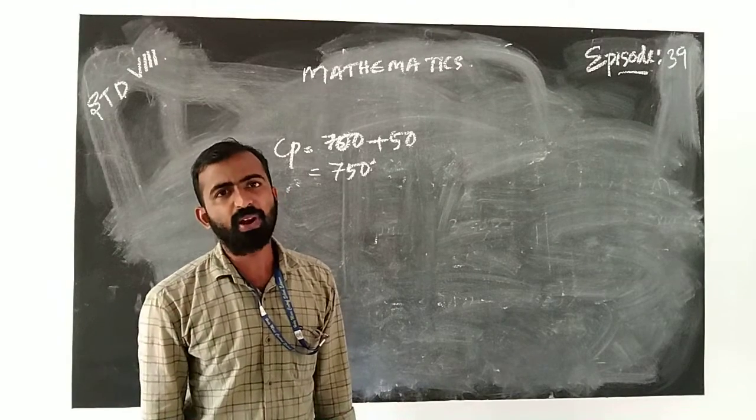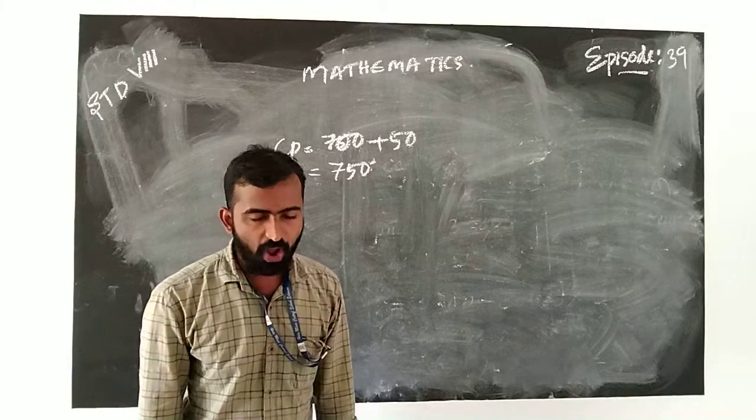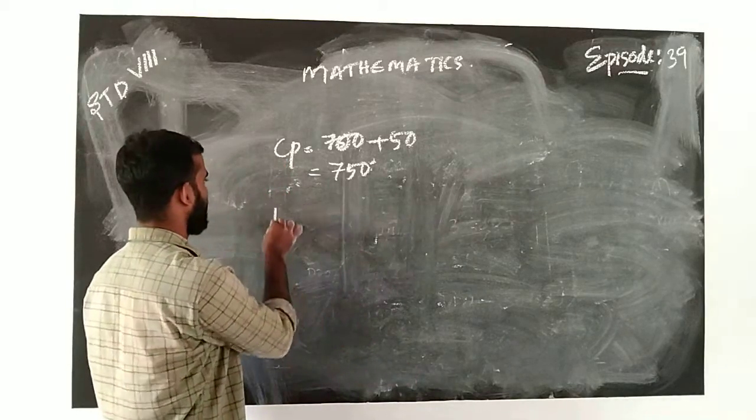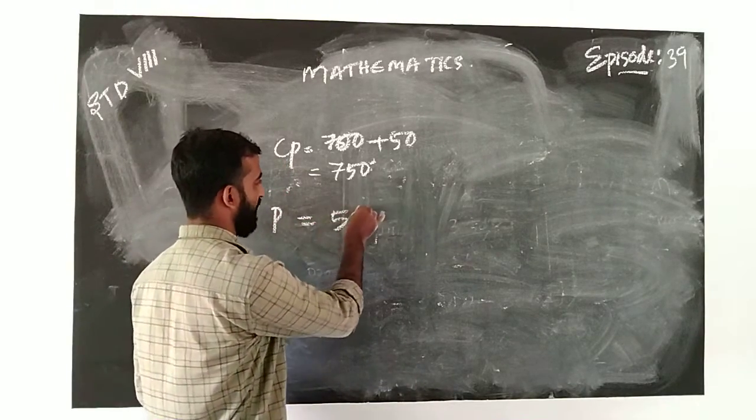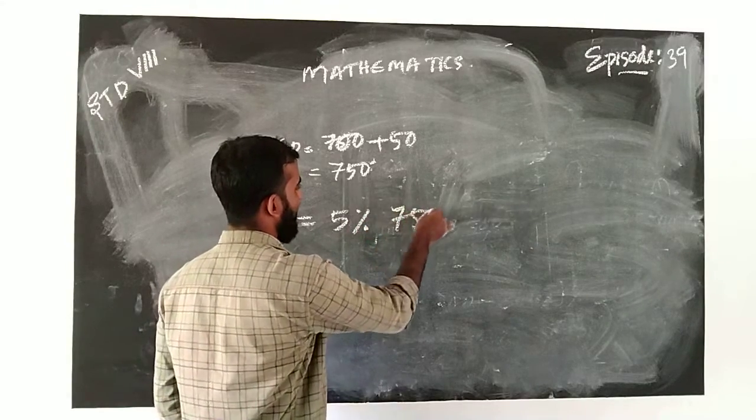Then what is the profit? Profit is 5% of 750.